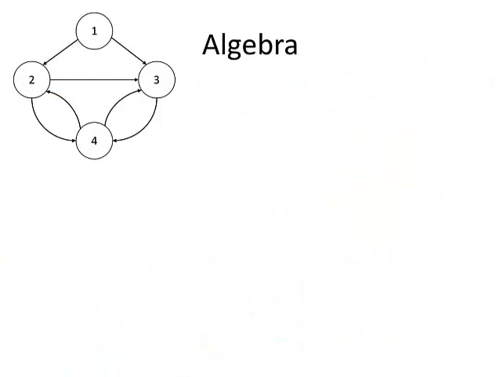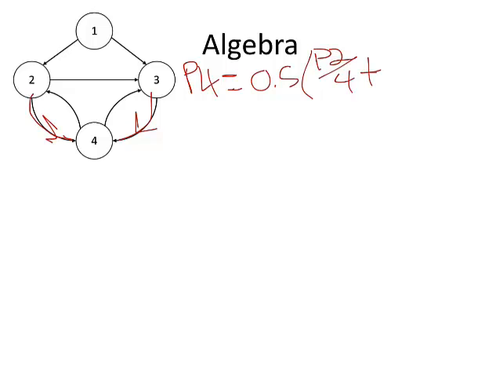And then we can write an equation for P4. P4, as it gets from P2 and from P3, is equal to 0.5 times P2 over 4 plus P2 over 2 plus P3 over 2 plus 1/8 for that randomization part again.